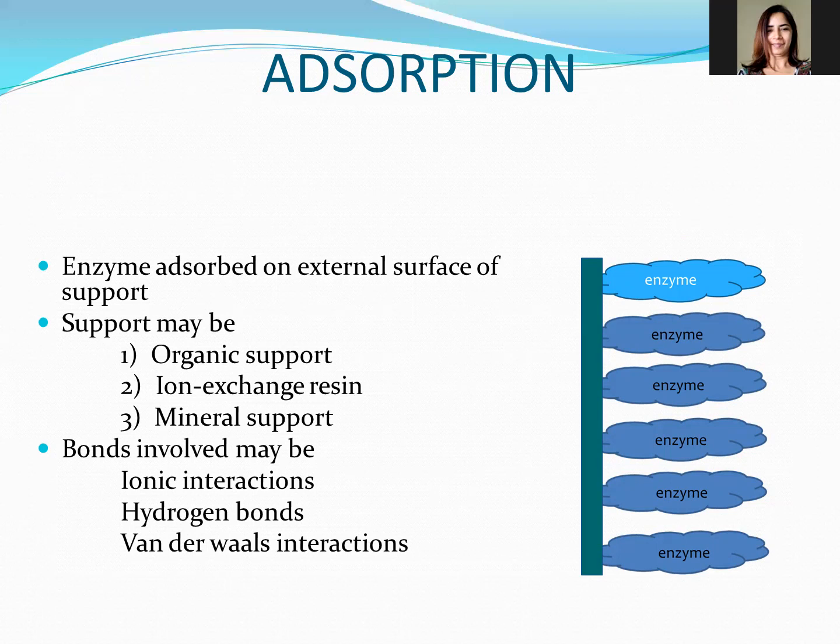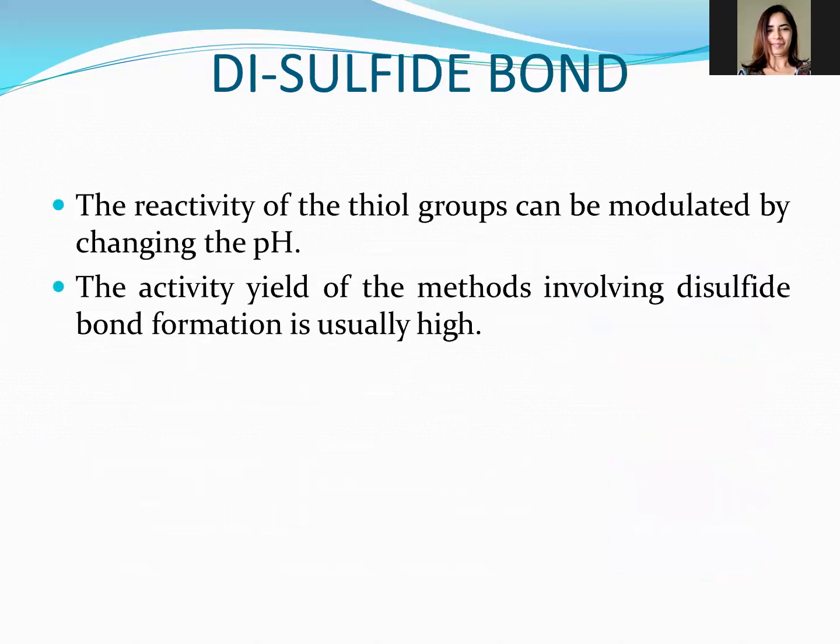The main disadvantage of this method is that the enzyme is easily desorbed by factors such as pH, temperature fluctuation, and changes in substrate and ionic concentration. But there are advantages also. It is easy to carry out, no reagents are required, minimum activation steps are involved, and it is comparatively cheap.